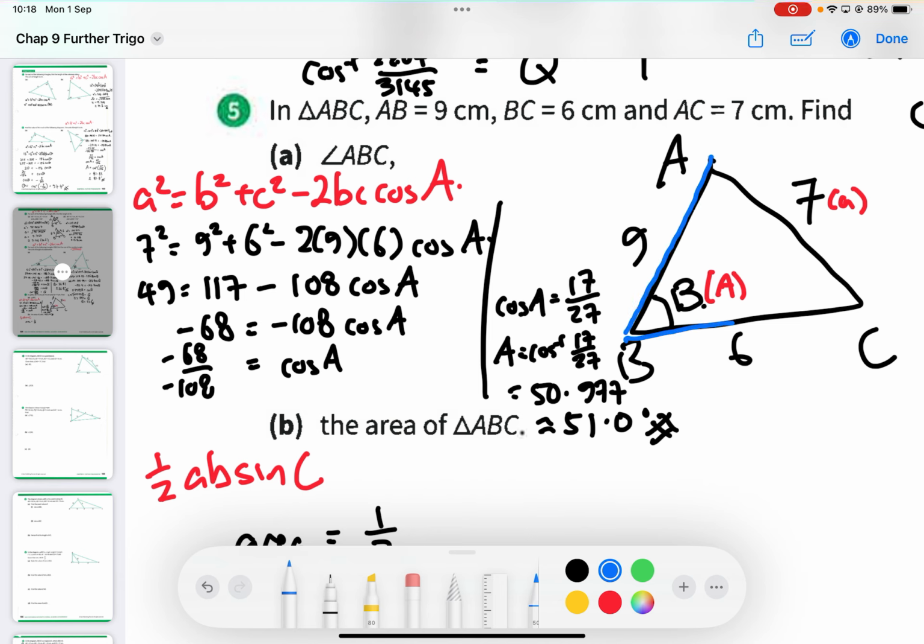This blue color one. Blue color cannot see, yellow. My half AB sine C. This is my A, this is my B, this is my C. When I'm using my half AB sine C.